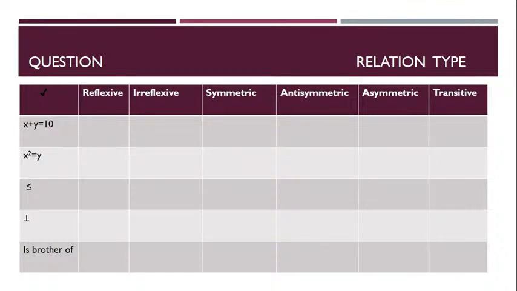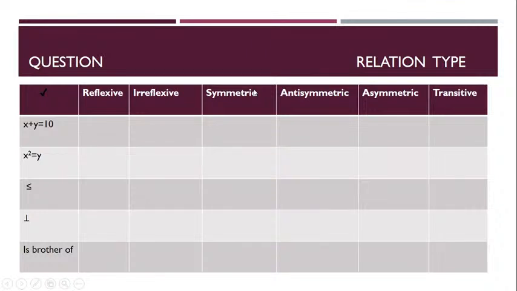Fine. So reflexive, what we have seen: all the self loops must be there. Please try to remember this property in a nutshell. Reflexive means all the self loops must be there, and irreflexive means all the self loops must not be there.